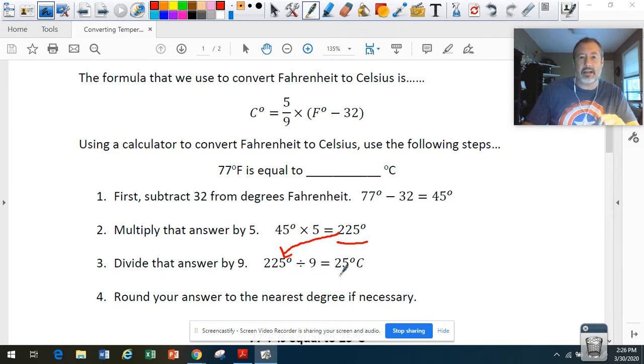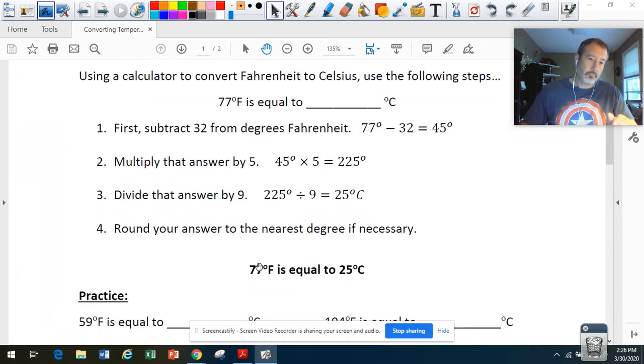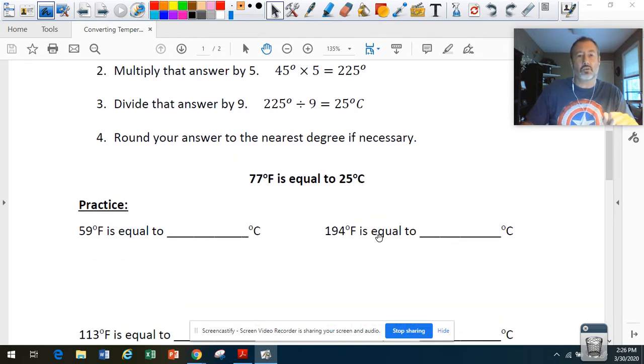That gives me 25 degrees Celsius. If it gives me any type of decimal at all, definitely round that to the nearest degree if necessary. So what we can say here now is 77 degrees Fahrenheit is equal to 25 degrees Celsius.